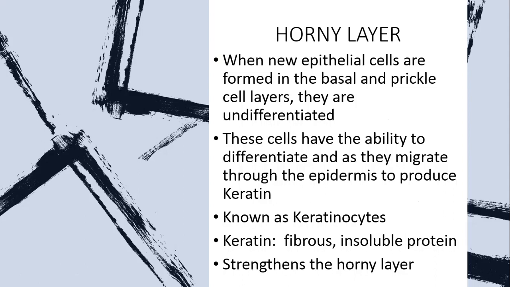They don't have any function yet. They're not differentiated into the type of cell that they need to be. These cells have the ability to differentiate, and as they move through the epidermis to produce keratin, they become known as keratinocytes.